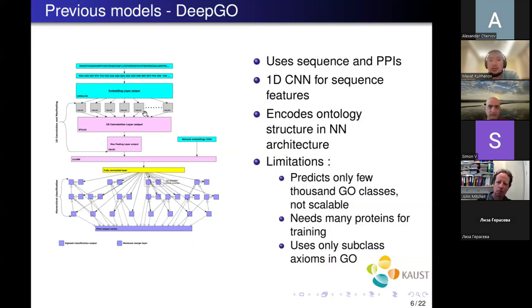So it performed well in our split evaluation, but when we came to the CAFA time-based split, the methods that had a similarity component in there were outperforming our DeepGO.